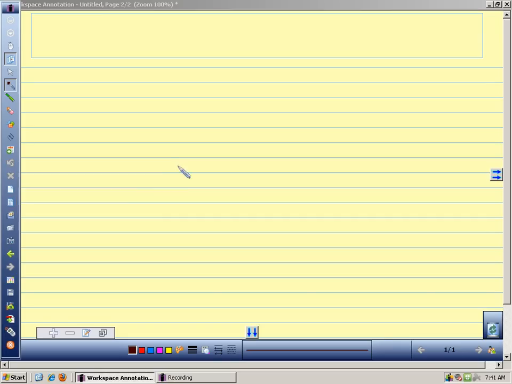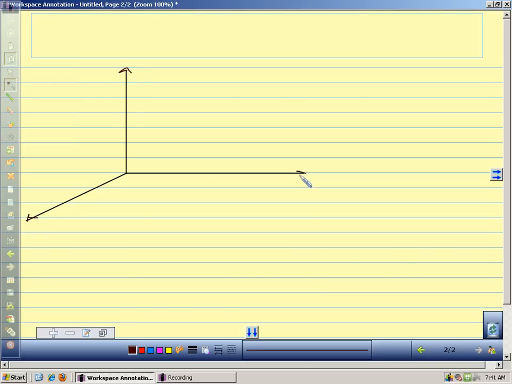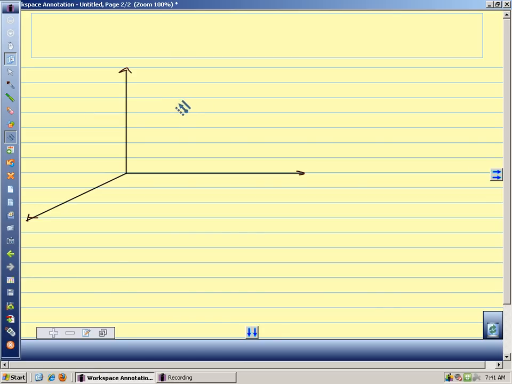So here are axes after we zoom in. And our tangent plane is going to be like so.